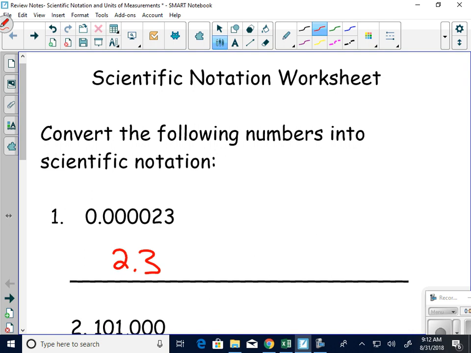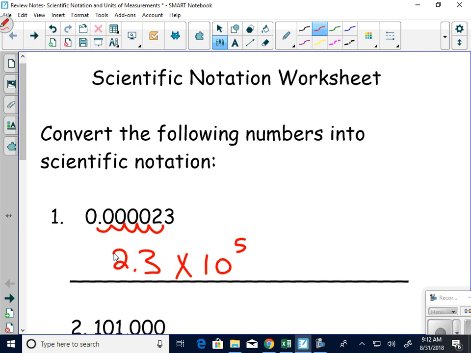Now, how many places did I move my decimal? I jumped 1, 2, 3, 4, 5. So I know it's going to be times 10 to the 5. Does that 5 need to be positive or negative? Is that 10 to the 5 or is that 10 to the negative 5?